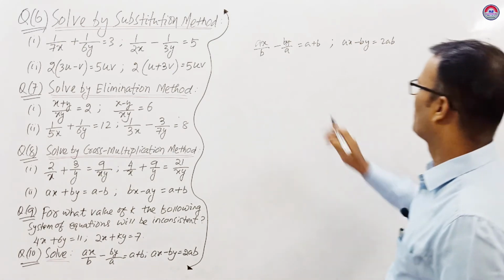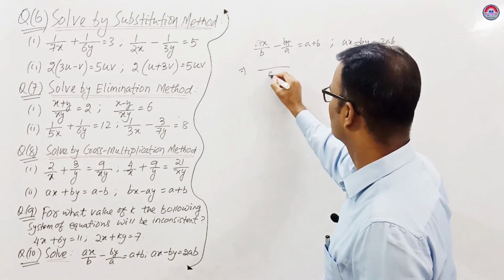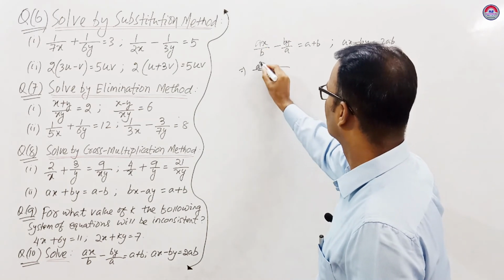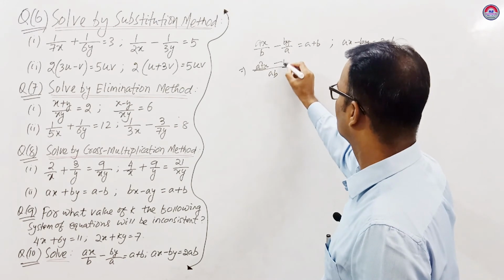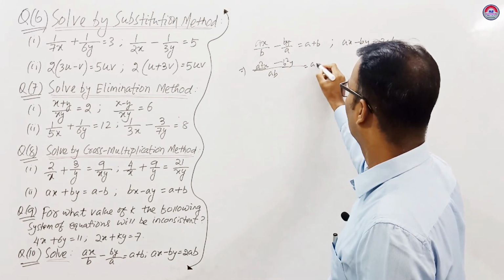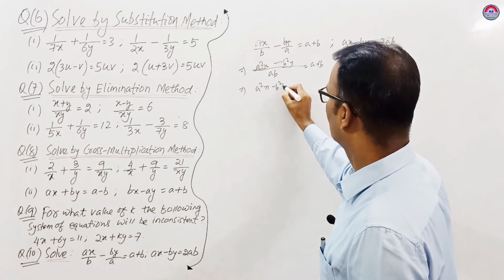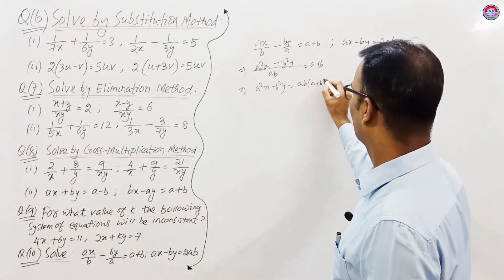You see here, if we take LCM, this will become ab, then a square x minus b square y is equal to ab into a plus b. Clear?